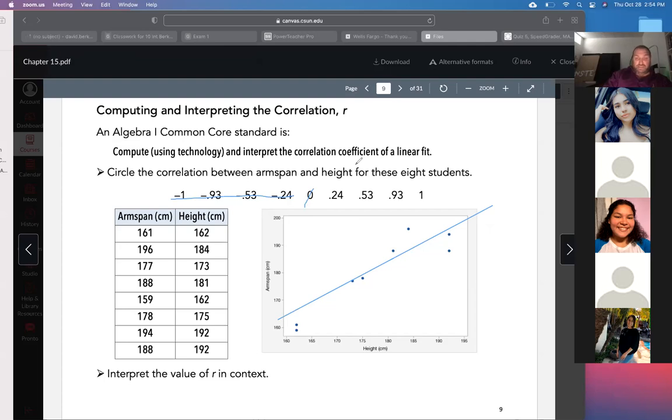One other one of these is out. 1. One's out because it's not a perfect line. And then we have 0.24, which would be very weak, 0.53, which would be moderate, and 0.93, which would be strong. And at that point, it's kind of hard to tell.